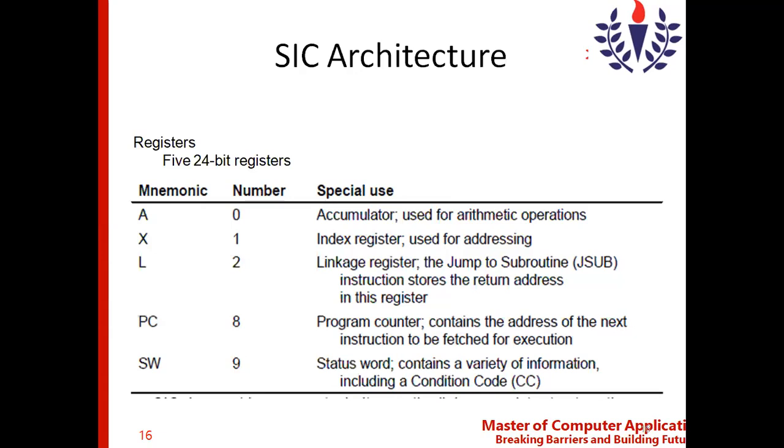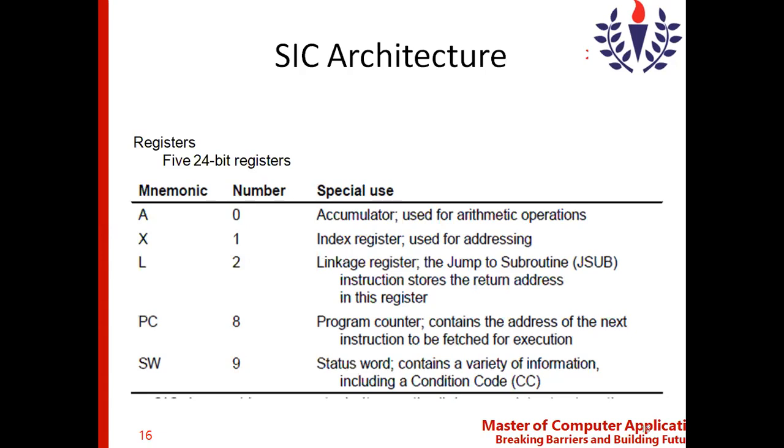The A register is the accumulator register, used for arithmetic operations. Whenever we perform an arithmetic operation, we can use the accumulator, and it is numbered 0. The second register is the X register, an index register which is used for addressing, and it is numbered 1.